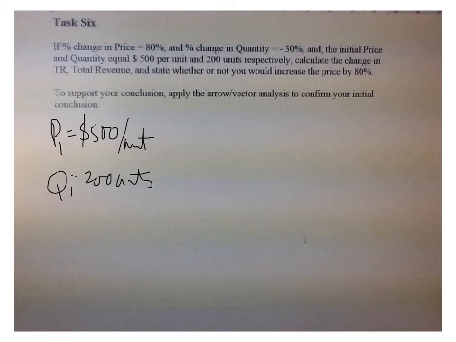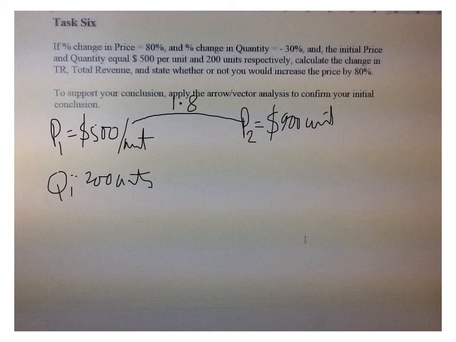We're going to increase the price by 80%, so it's a positive increase. My multiplication factor, relying on your prior knowledge, is going to be 1.8. When I do that multiplication, I've got a price P2 of $900 per unit.